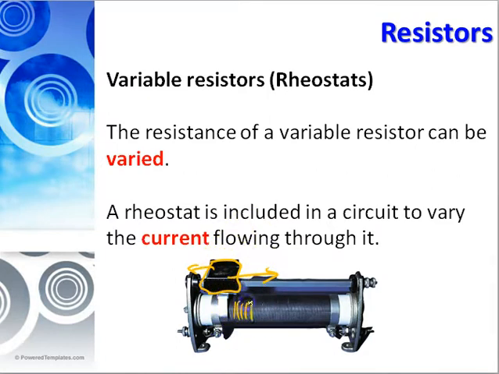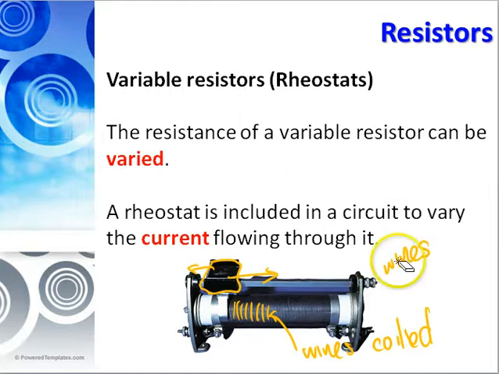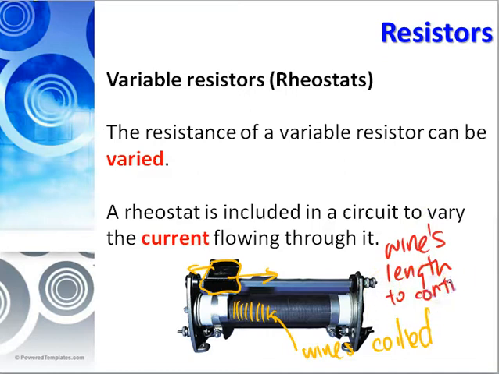And all these things over here are actually wires, coiled up. So this rheostat uses wires, or I should say the length of the wires. It looks at the wire's length to control resistance.